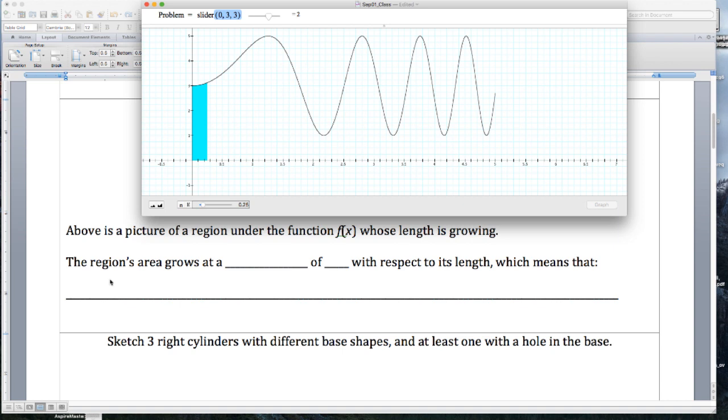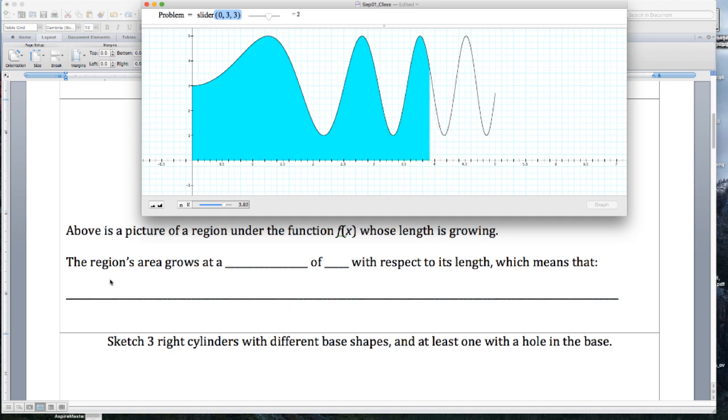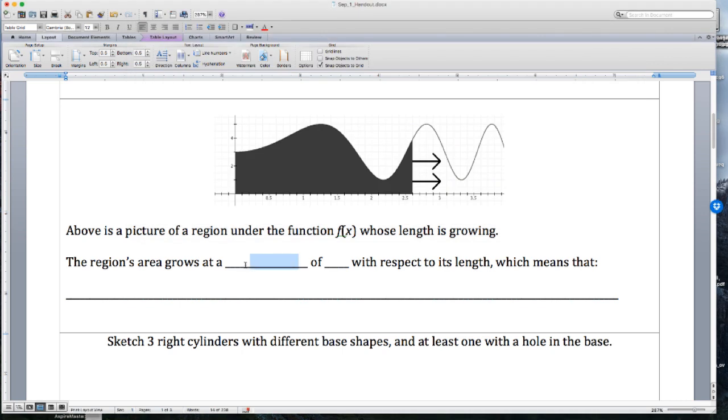Is it a constant rate of change? Nope, so all we can say is it is growing at a rate of change. All right, what is the rate of change?